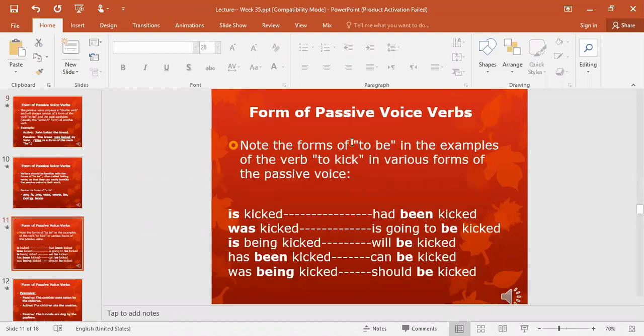So, note the forms of the verb to be in the examples of the verb to kick in various forms of the voice. Look here, this is very important, okay? Is kicked becomes had been kicked, was kicked, is going to be kicked, is being kicked, will be kicked, has been kicked, can be kicked, was being kicked, should be kicked. Here is the form as an example.